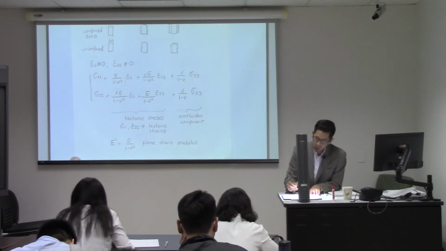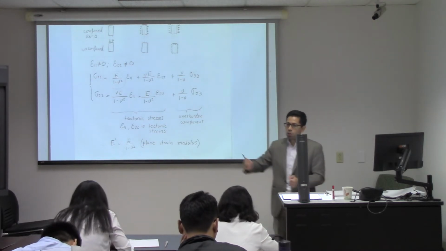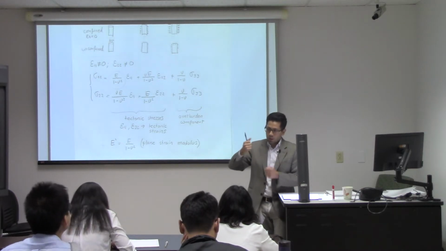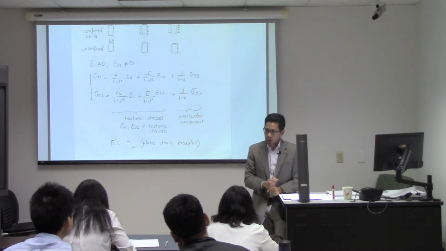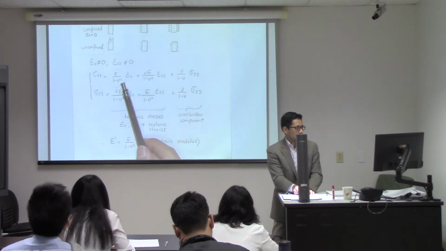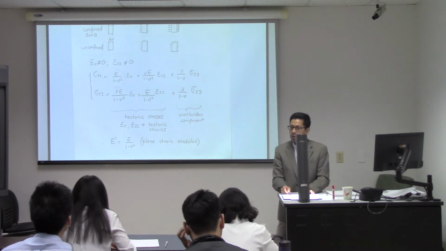So the same way that before we found that the proportionality coefficient between strain and stress under confined conditions was the constraint modulus, now the proportionality coefficient for the tectonic strains is the plane strain modulus.